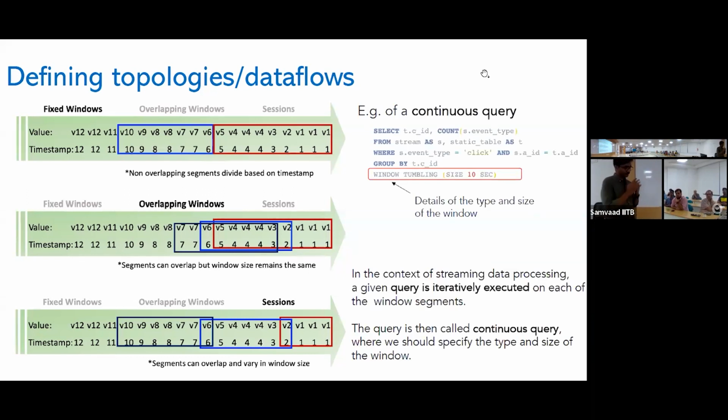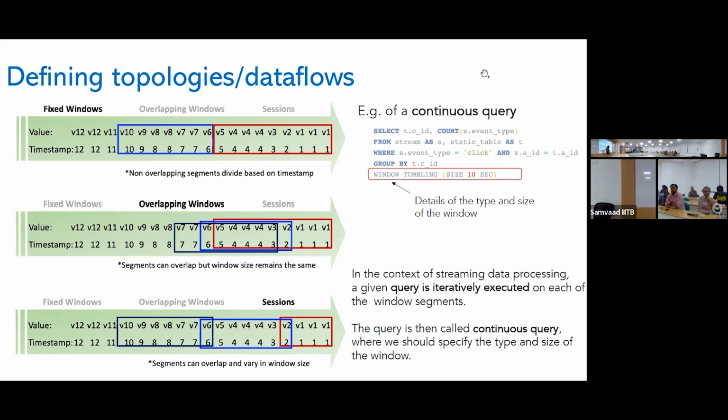Then there are many abstractions that are possible on top of these streams, and the only thing is that it has to be defined for a window. For instance, you can also think of having an SQL layer over it, but the SQL layer should be associated with a window.